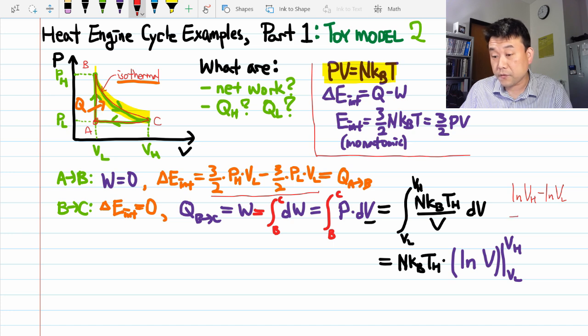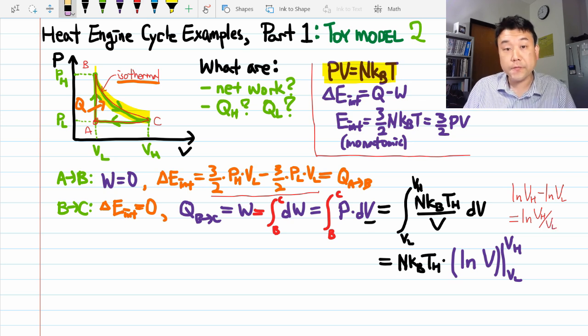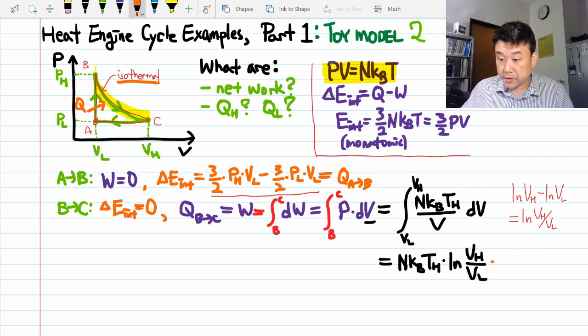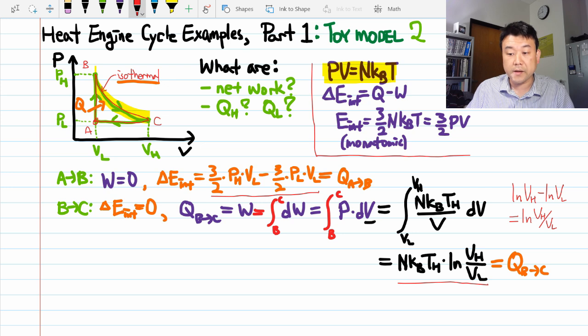And doing a little bit of logarithm algebra, we get natural log of V_H over V_L. As you will see later, that form is going to be more useful, so let me write that in instead. And as I wrote earlier, this is the heat transfer from B to C. Carefully looking at this number here, since V_H is greater than V_L, this is a positive number. That means there's a heat inflow during this expansion here.